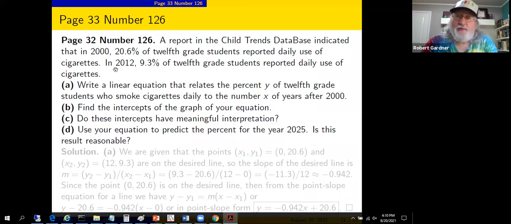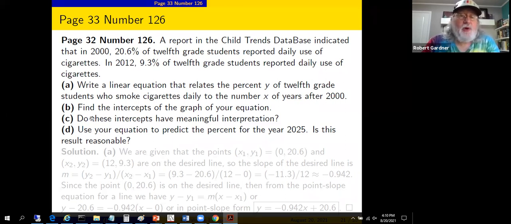This is 12 years after 2000. And the Y coordinate would be 9.3%. So according to their scheme, they've given us 2 points. They want a linear equation, not a problem. 2 points determine a line. In terms of X and Y, appropriately interpreted the X values especially.